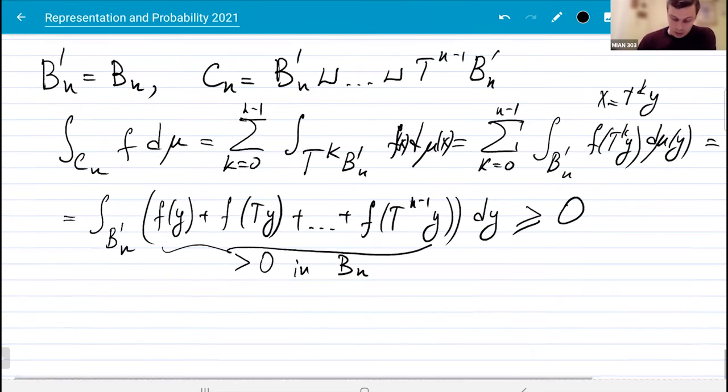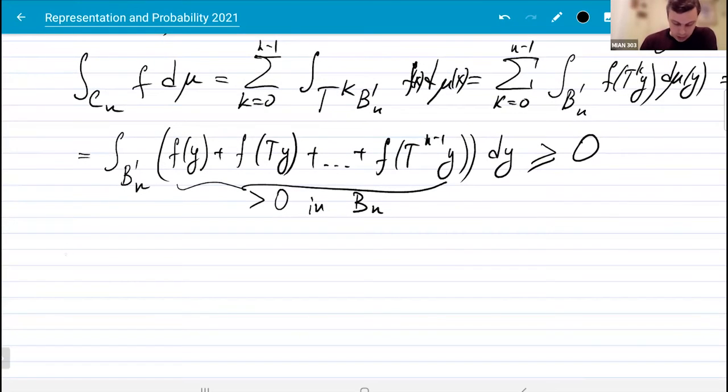Well, the next step is the following. I take the B prime n minus 1, which is B n minus 1, minus everything that was already used, so minus Cn.